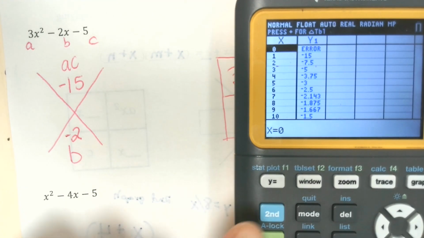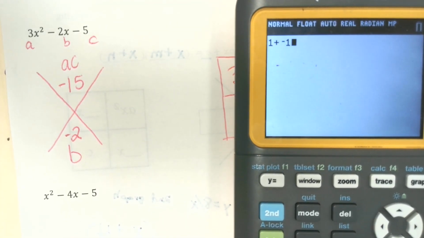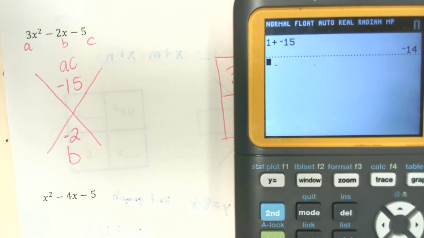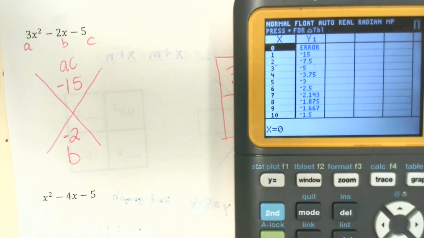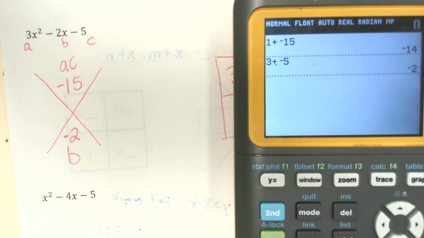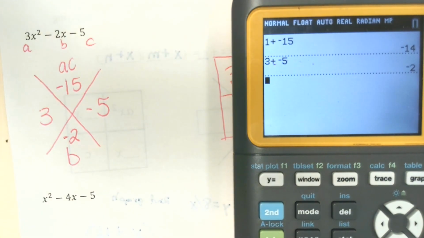What you can do is hit second, quit to get out from there and add them. 1 plus negative 15 is negative 14. That's not right. And then go back to your table by hitting second graph. Okay, the next one, 3 and negative 5. Second, quit. 3 plus negative 5. And that is it. 3 and negative 5. Those are your magic numbers.